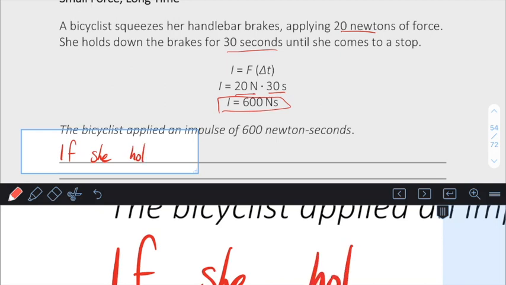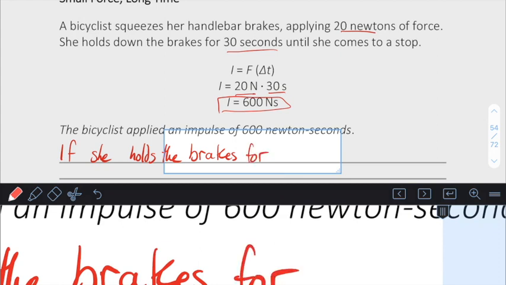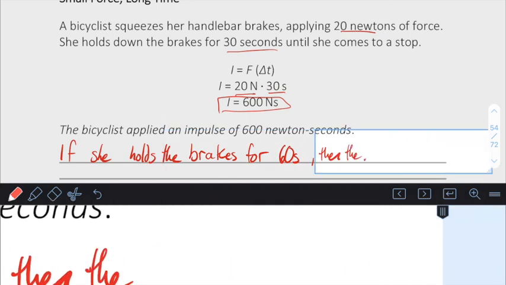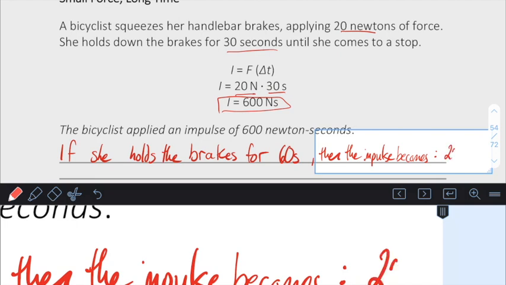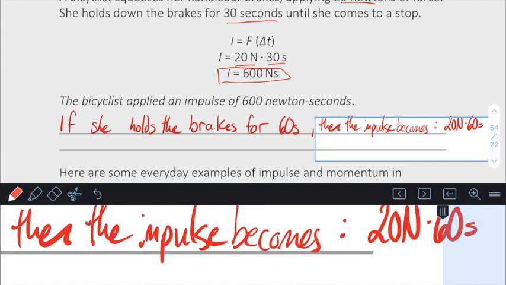If she holds the brakes for 60 seconds, so for a whole minute, then the impulse becomes 20 newtons times 60 seconds, which means that she gets a total of 1200 newton seconds.